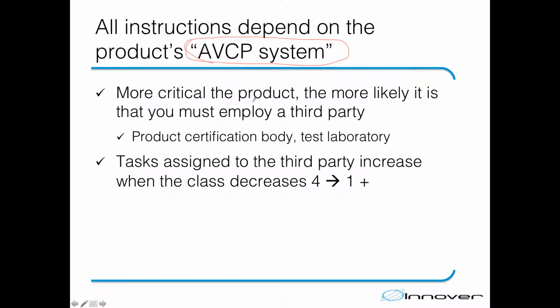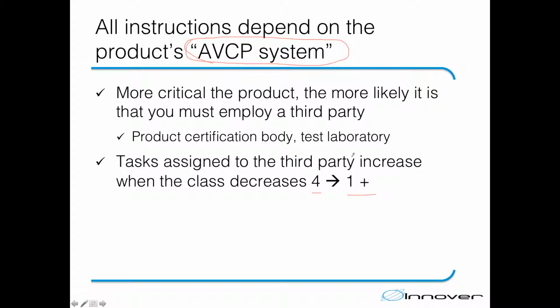And the rule of thumb here is that the more critical the product, the more likely it is that you must employ a third party, meaning a product certification body or a test laboratory. And the tasks assigned to the third party increase when the class decreases from system 4 to system 1+.